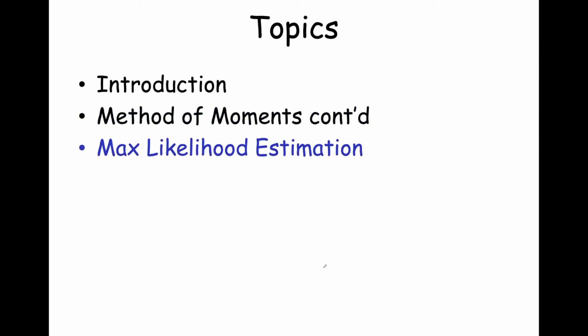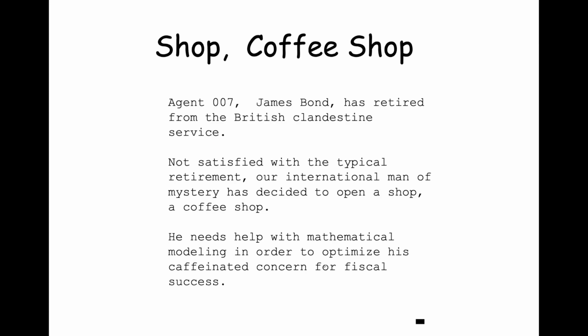estimation. So we're going to build up to this and then get to a point and continue on in the next module. And so the setup corresponds to James Bond, the spy. And James Bond, Agent 007, he's retired from the British clandestine service.